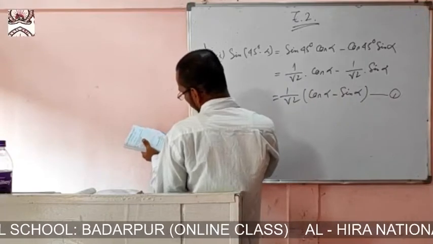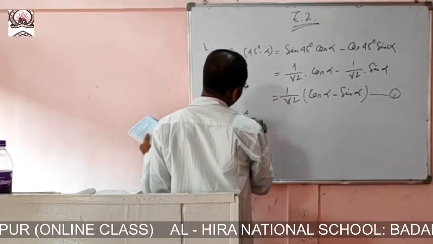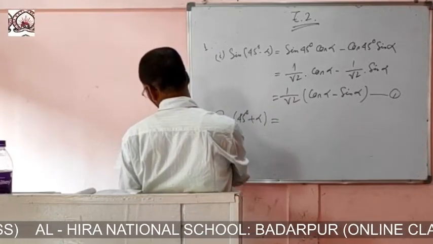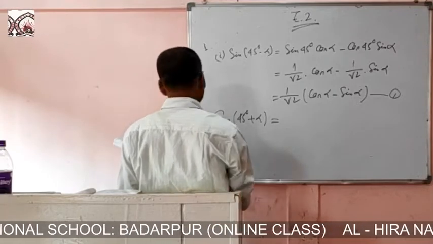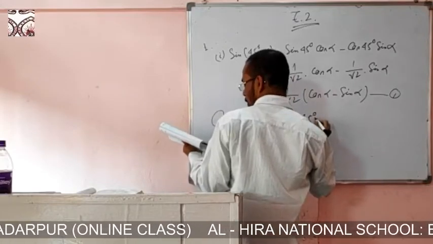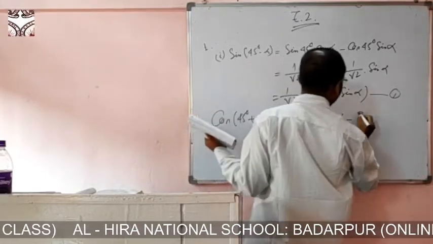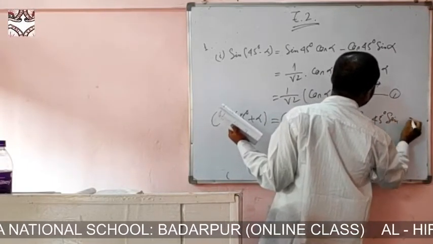Again we are getting cos 45 degree plus alpha. So this is the cos A plus B formula. Here A is 45 degree, B is alpha. So it is cos A, meaning cos 45, into cos B, meaning cos alpha, minus sin A, meaning sin 45, and then sin B is sin alpha.